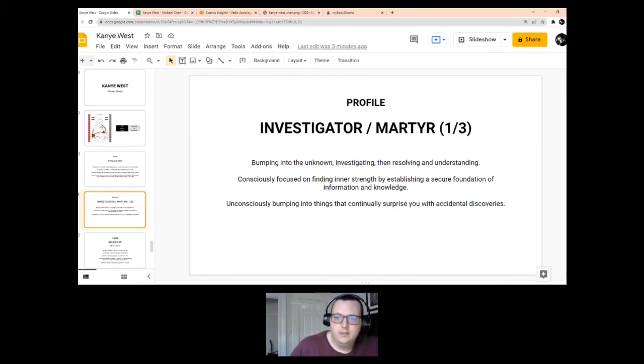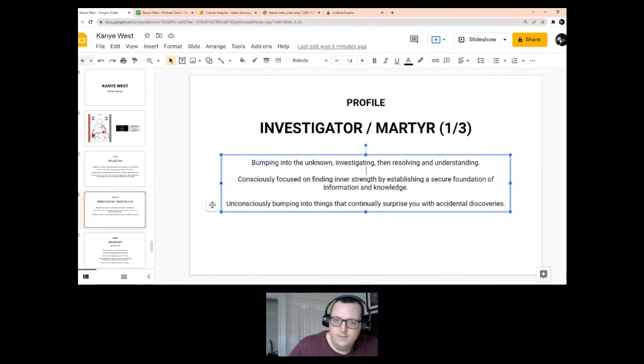And then the 3 is the martyr, which deals with going through a lot of experiences, trial and error, to really learn from stuff. So what this means, essentially, I'll read what it says. Bumping into the unknown, investigating, then resolving, understanding. So he has a lot of experiences, bumps into the unknown, investigates it, and then comes to some kind of understanding.